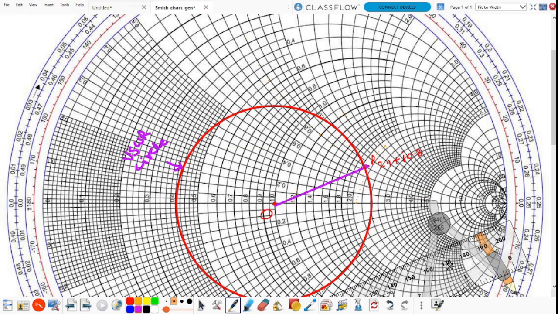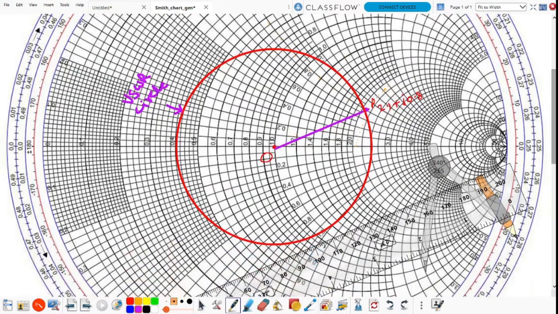This VSWR circle or constant S circle intersects the horizontal axis to the left of the Smith chart and to the right of the Smith chart. This is the left part and this is the right part. The VSWR circle intersects the right part of the Smith chart at this intersection point, which is considered as point M. Point M is the intersection point of the horizontal axis and the VSWR circle to the right of the Smith chart.